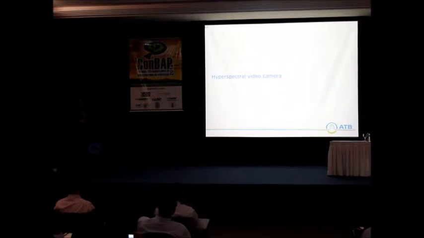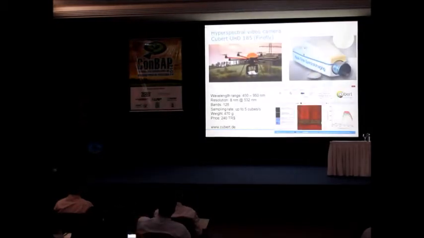Coming from multi to hyperspectral imaging, I just want to indicate a very interesting new sensor. It's a hyperspectral video camera. It's very small, as you can see, lightweight, 470 grams. This way you can mount it on a UAV.